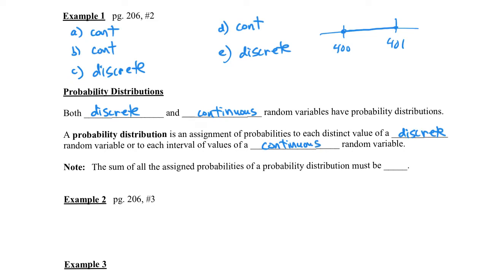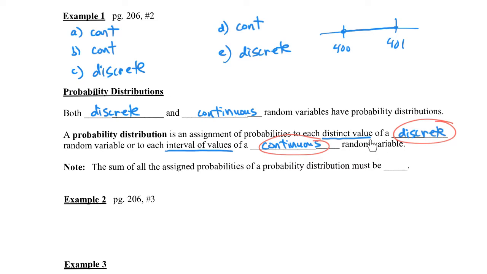So here's the key. There's going to be probabilities assigned to distinct values if you've got a discrete random variable, and they're going to be assigned to intervals of values if you have a continuous random variable.